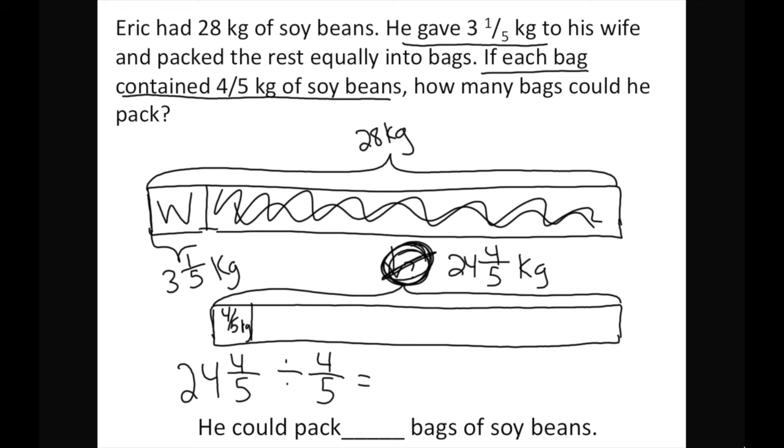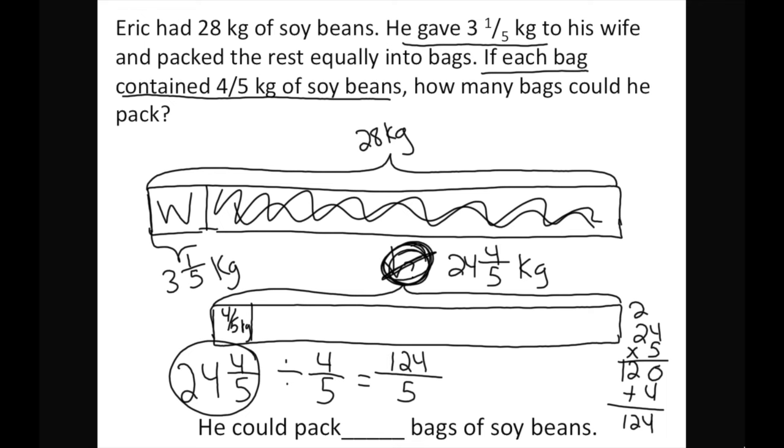Now, in order to solve this, we have to take our mixed number and turn that into an improper fraction. So to do that, I have to do 24 times 5, and I get 120, and I have to add the 4 in my numerator back in. So I have 124. So it equals 124 over 5.